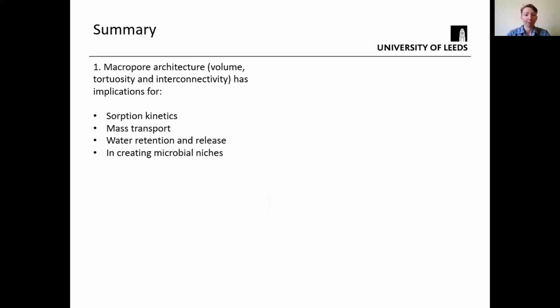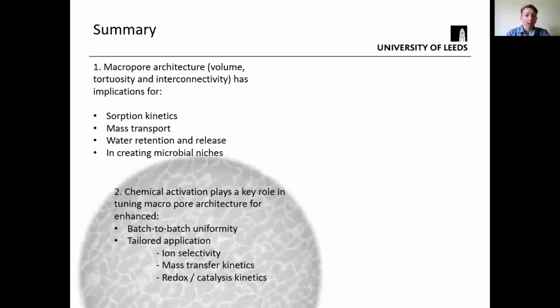So in summary, the macropore architecture parameters such as the overall volume, the tortuosity, the interconnectivity, have implications across a range of applications. In my case, I'm most interested in the kinetics of adsorption. Chemical activation plays a key role for two reasons.